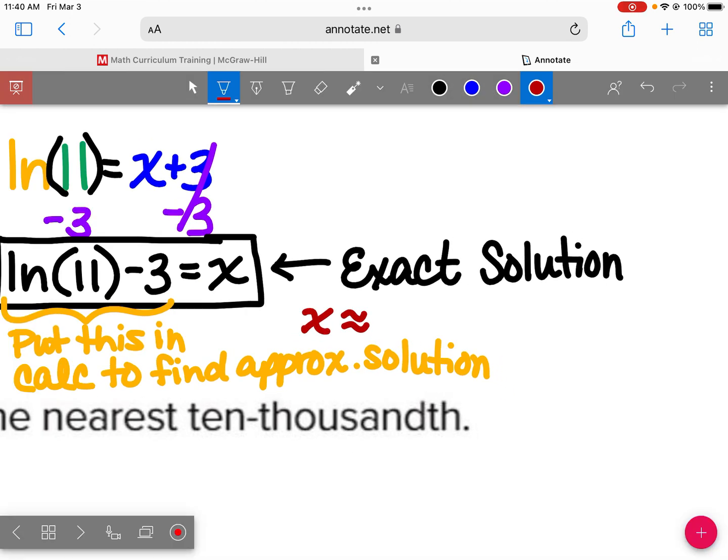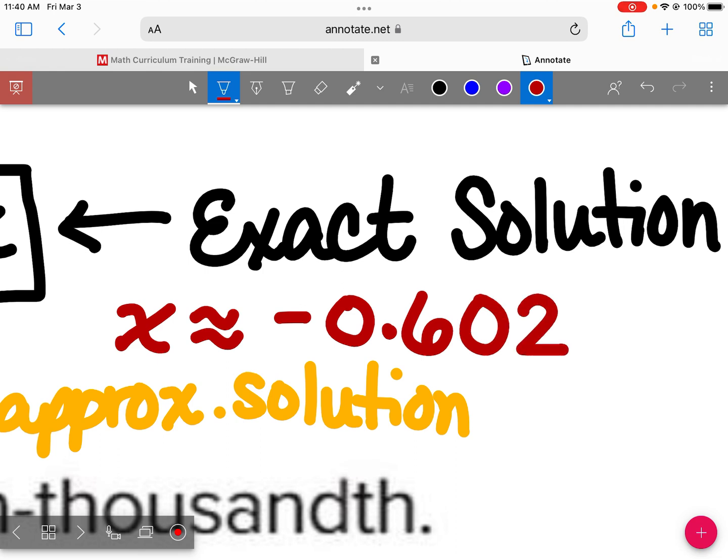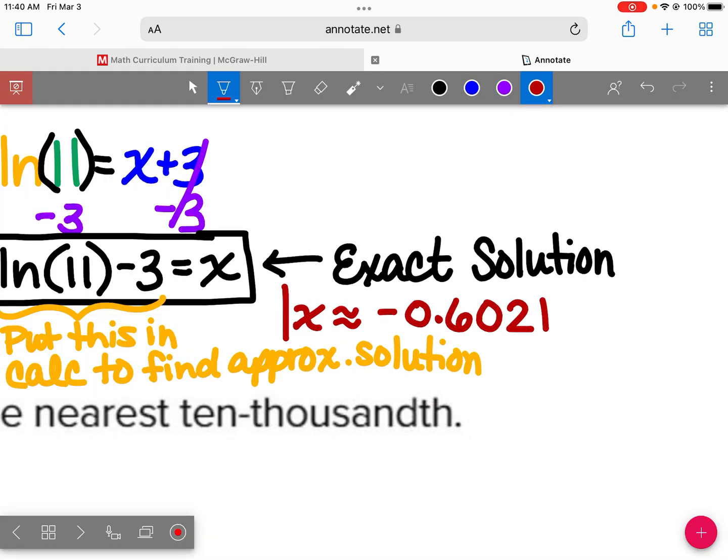What do you get on the calculator when you put in ln parentheses 11, close parentheses, minus 3? Negative 0.6021. Yes. This is our approximate solution.